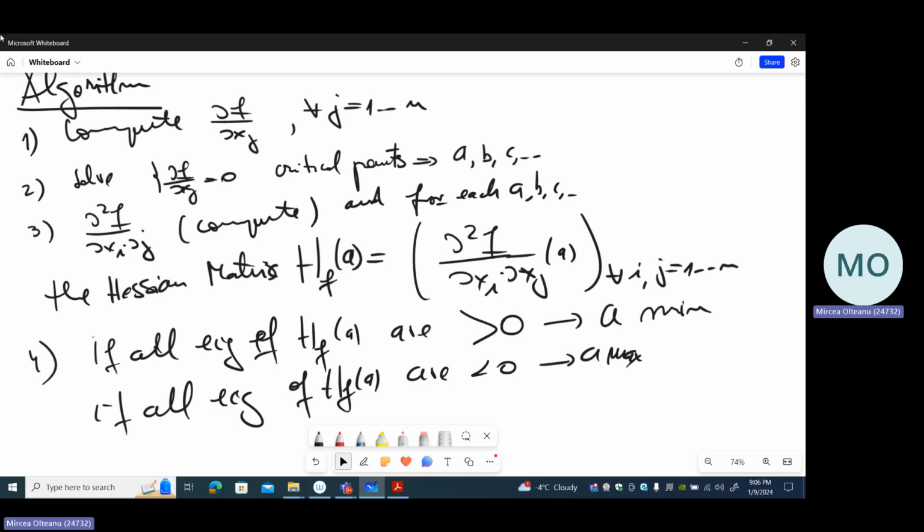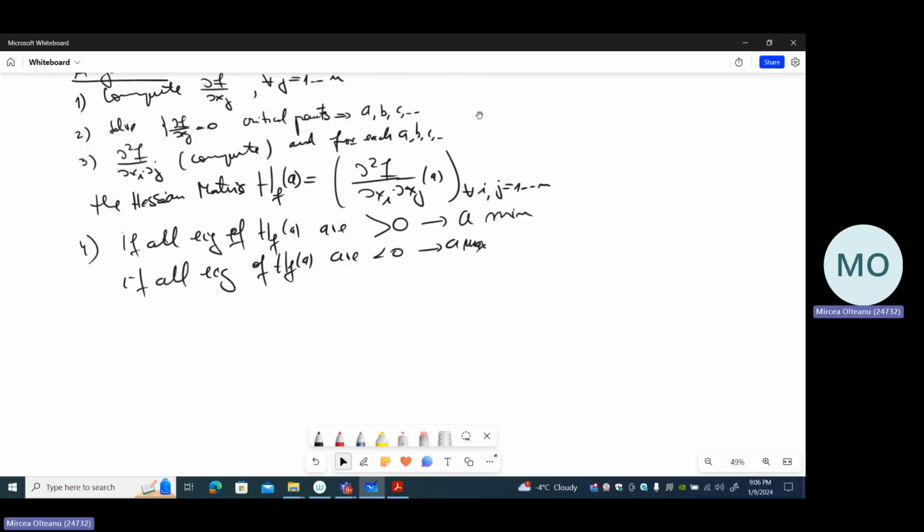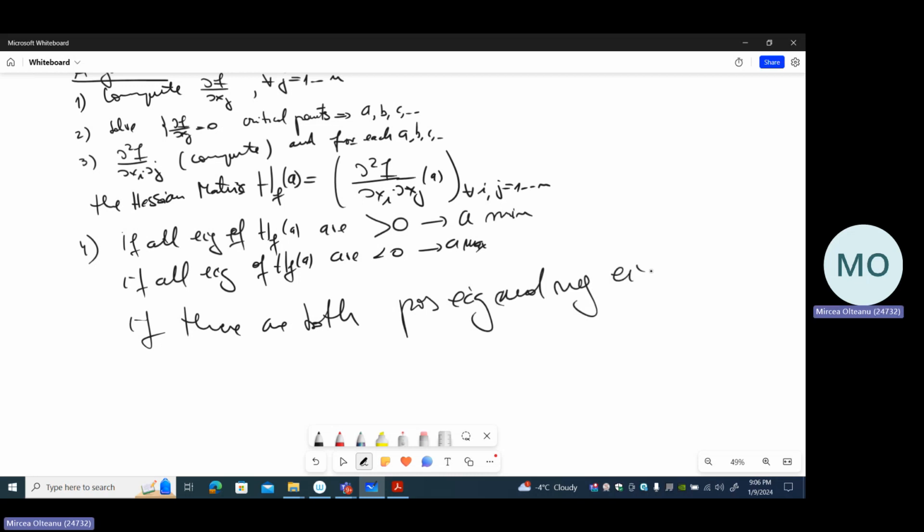And if there are both positive and negative eigenvalues, then A is not a local extremum.